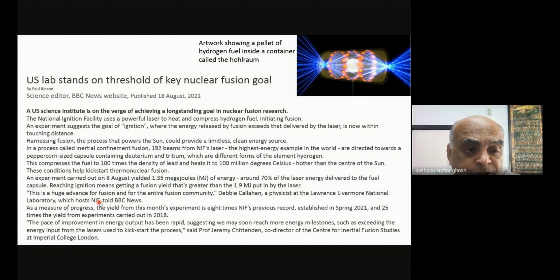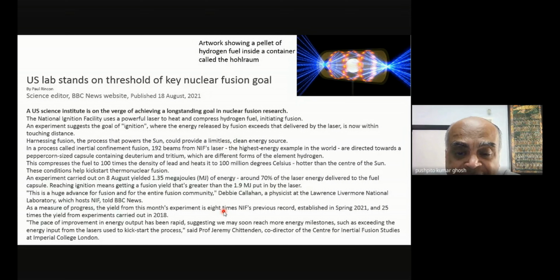This is a huge advance for fusion and for the entire fusion community, Debbie Callahan, a physicist at the Lawrence Livermore National Laboratory, which hosts NIF, told BBC News. As a measure of progress, this is the yield from this month's experiment.